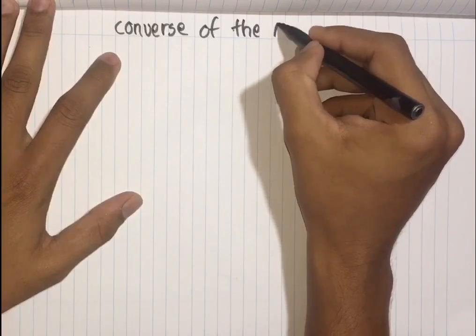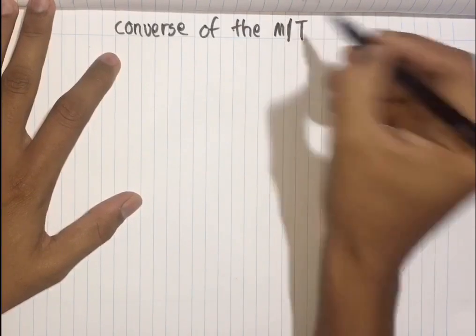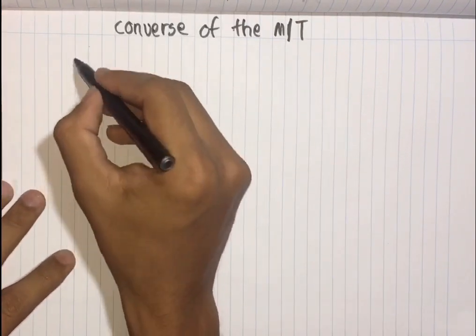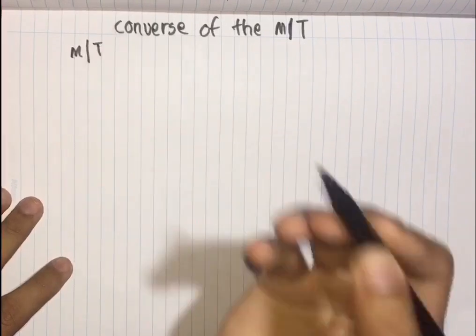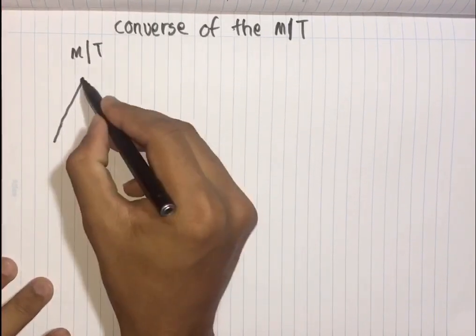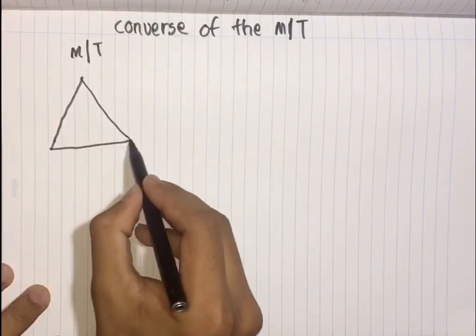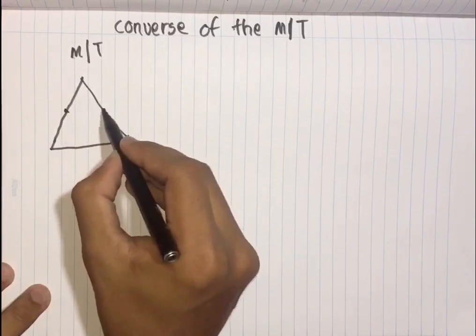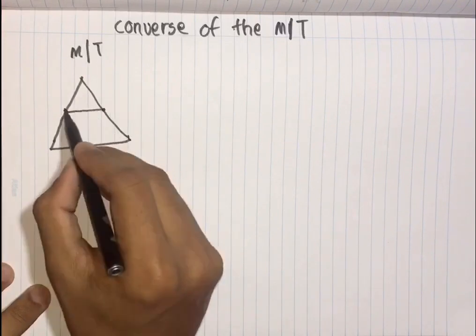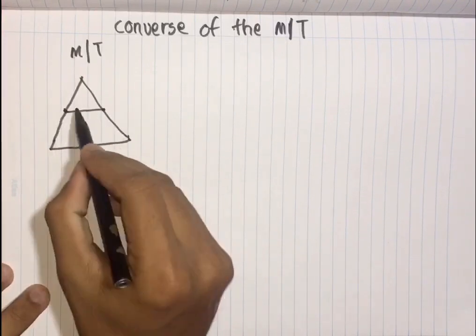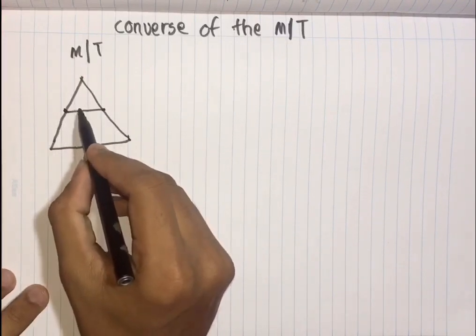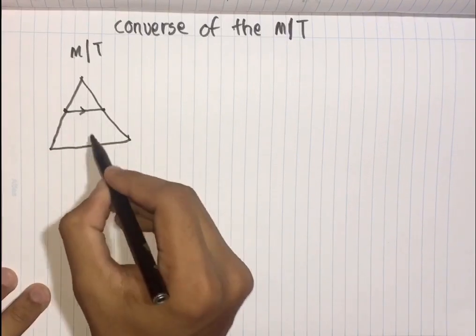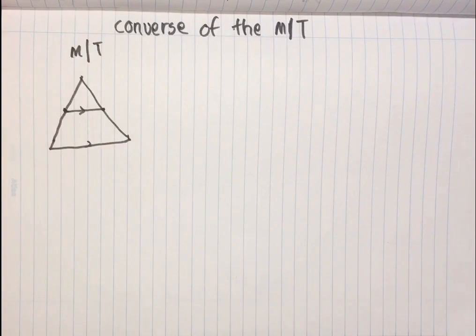Now what about the midpoint theorem? Since we have solved questions, you should be good in that. Say this is the midpoint, this is the midpoint. If you join the midpoints of two sides, it is half the length of the third side, and it is also parallel to the third side. Is that clear? Yes.